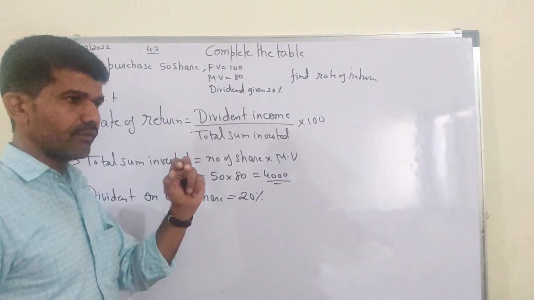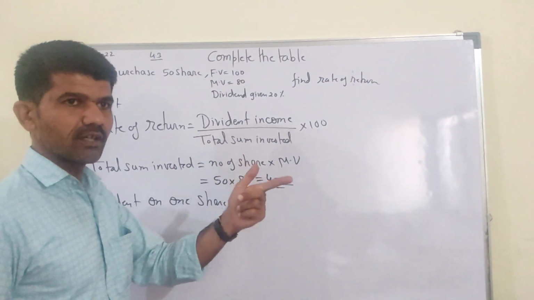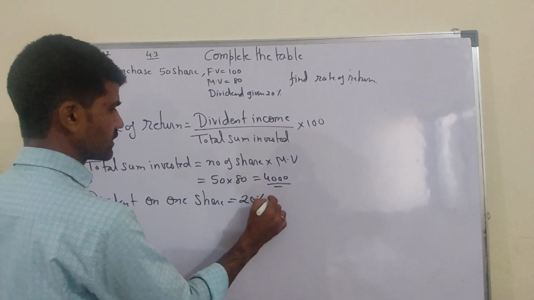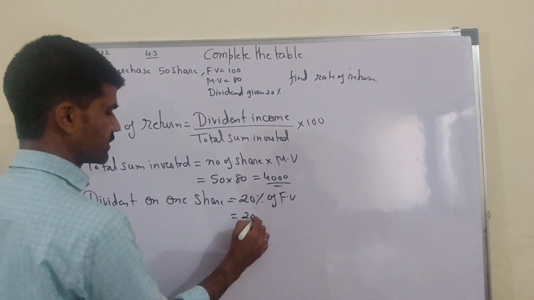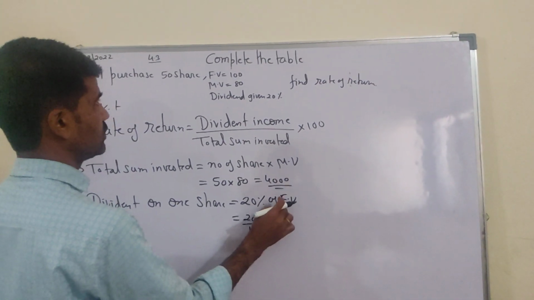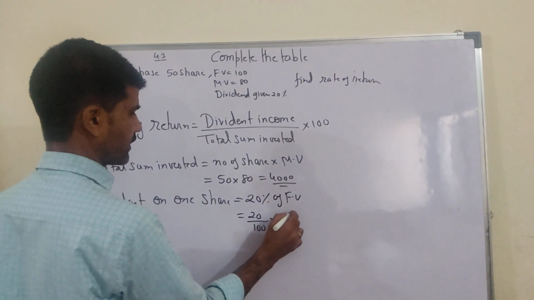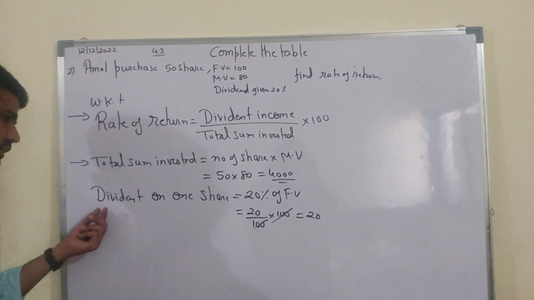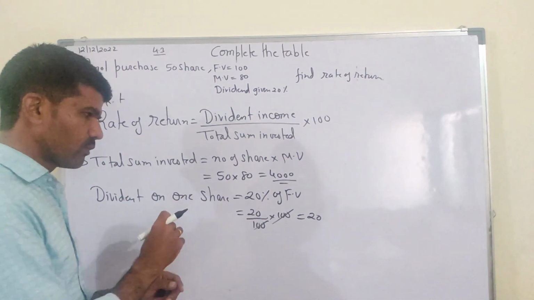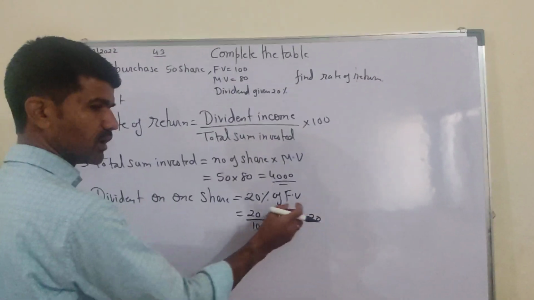Yesterday I told you dividend is always calculated on face value: 20% of face value, 20 upon 100. The face value is 100, so 100 gets cancelled. So dividend on one share, Amol will receive 20 rupees.